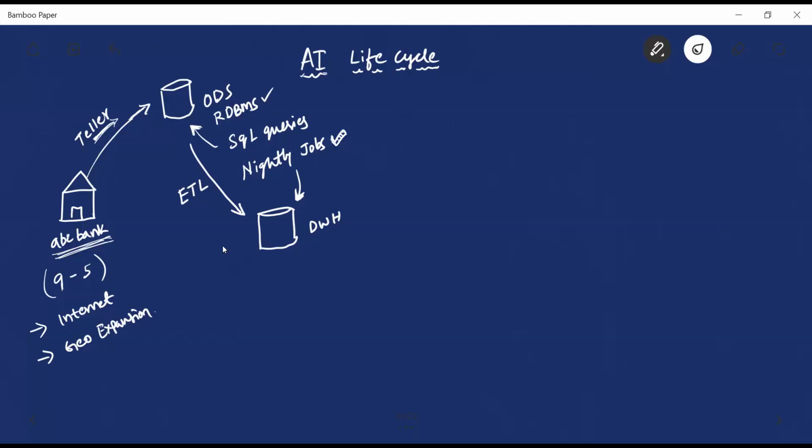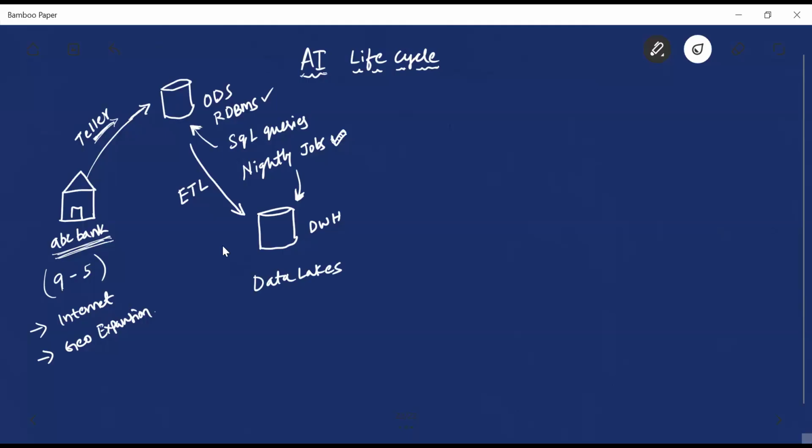Data in terms of videos, images, text, JSON files, log files, IoT sensor records and all that stuff. For that, data warehouses were not the right fit, because data warehousing predominantly stored structured information. But if you want to store unstructured information, you have to create something called data lakes.